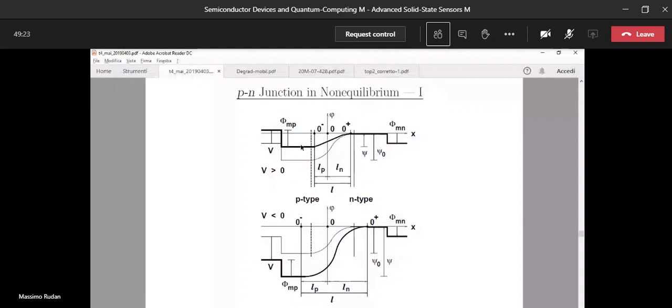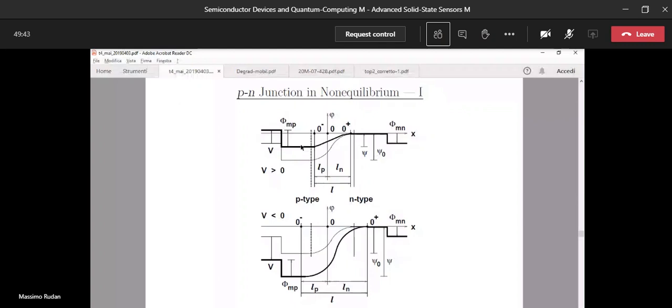Now, there is one question. When we go from equilibrium to non-equilibrium, do you expect that the extension of the space charge region stays the same, or do you expect that it changes? It changes.